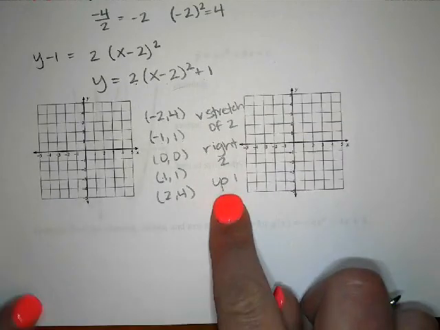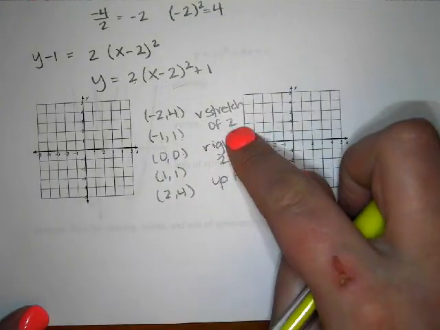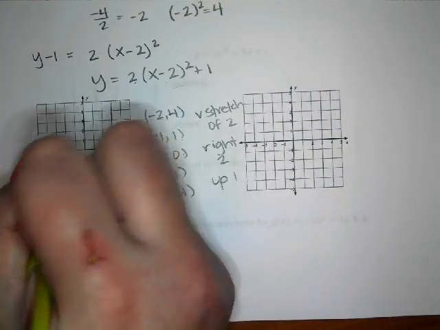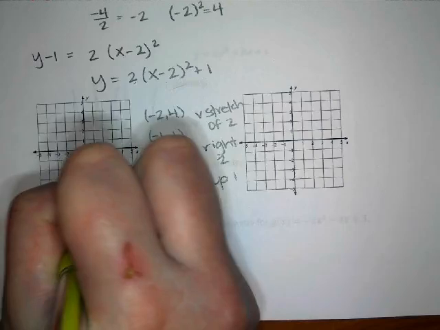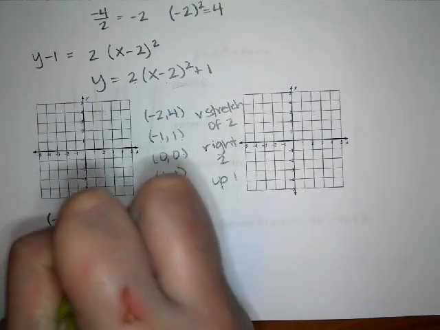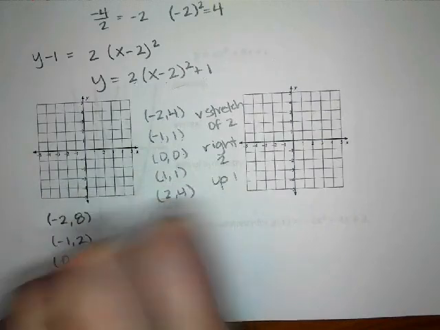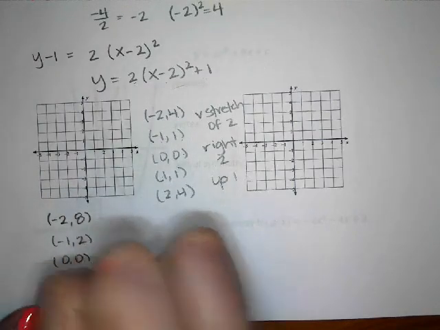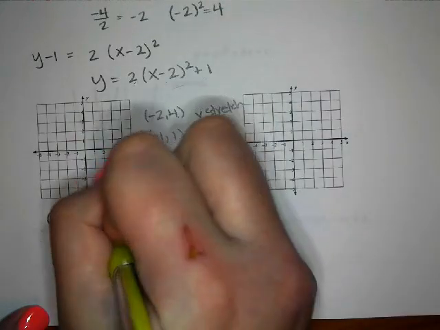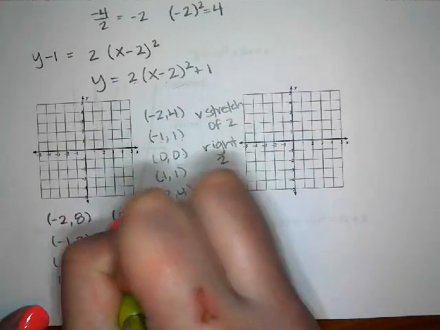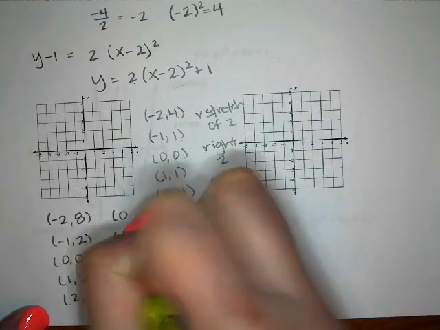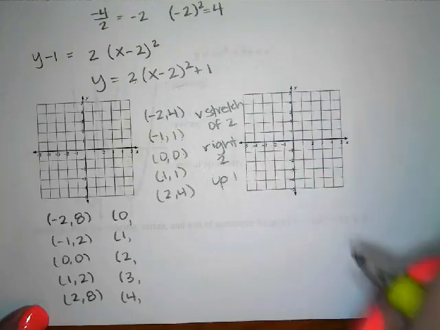A vertical stretch of 2 is going to take all of the y coordinates and multiply them by 2. Then I'm going to shift all of the points to the right 2. And then I'm going to shift all of the points up 1.